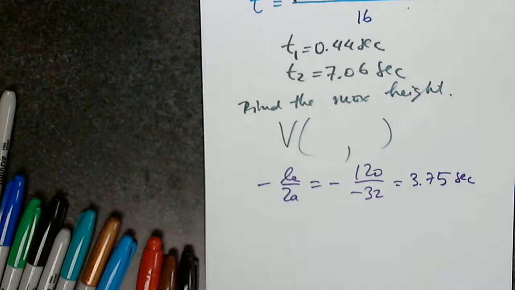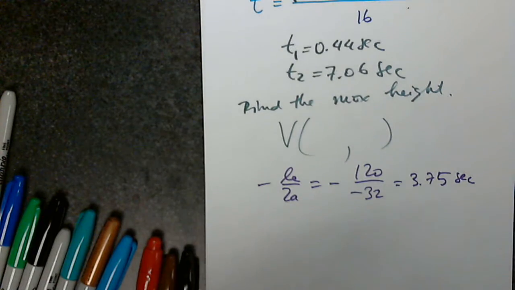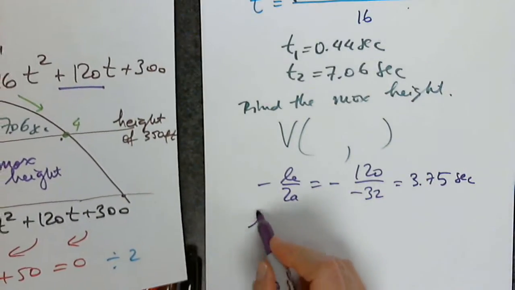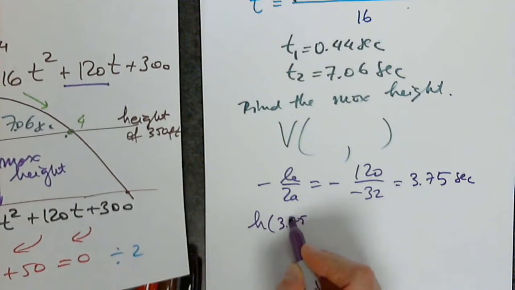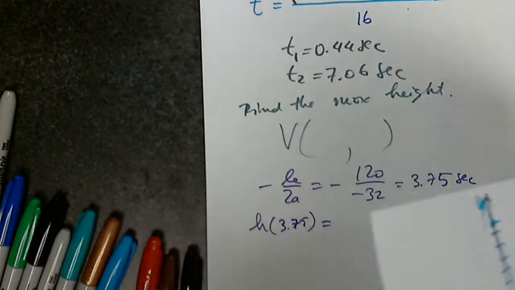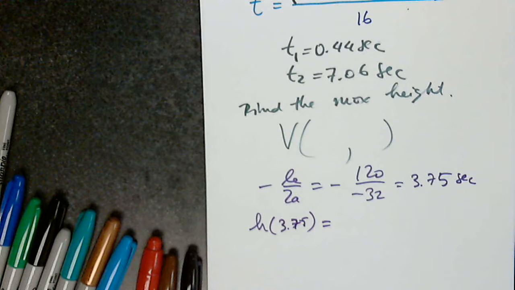Good. So now how do I find the maximum height? Plug it in the function. So I go back. So I have h of 3.75. Going back to y equals.